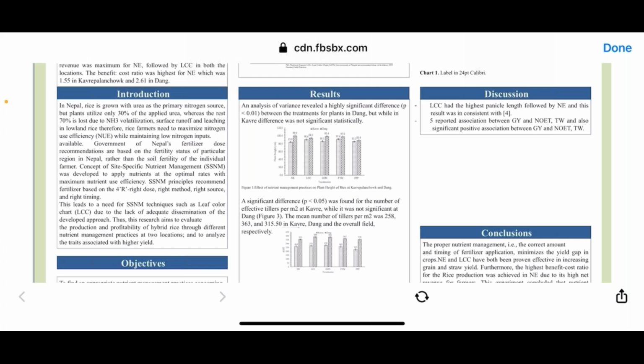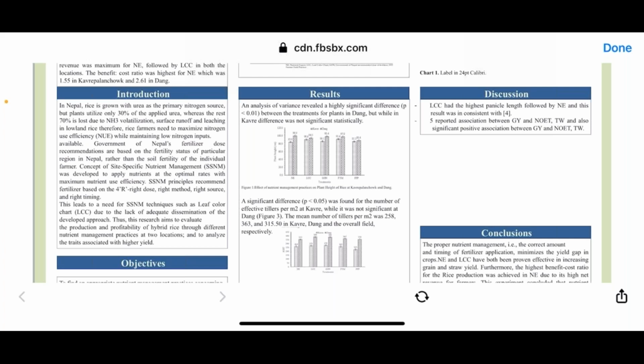The lowest yield was found in FYM, that is 4.10 ton per hectare. And similarly, the grain yield of Dang district, and here the highest grain yield of rice was recorded as 6.36 ton per hectare in nutrient export model, followed by leaf color chart, that is 6.17 ton per hectare, and followed by FYM, that is 5.80 ton per hectare.